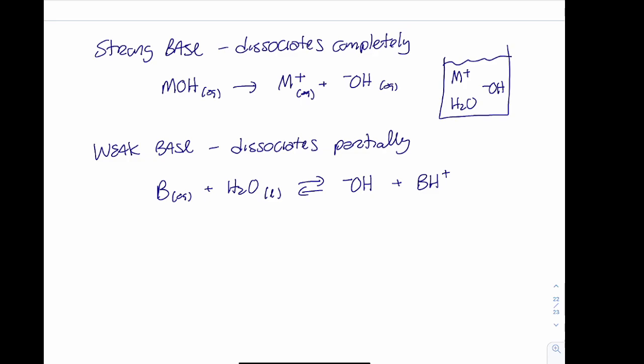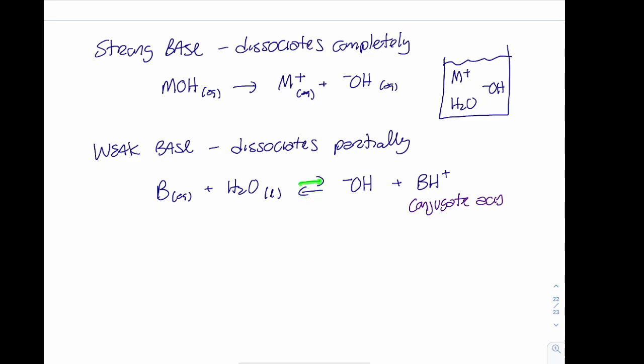So B is going to take a proton from water to produce my conjugate base, hydroxide ions, and then my conjugate acid, BH+. So this is my conjugate acid. It is acidic. It can donate a proton, right? And go back in the opposite direction. I do have arrows going in both directions.